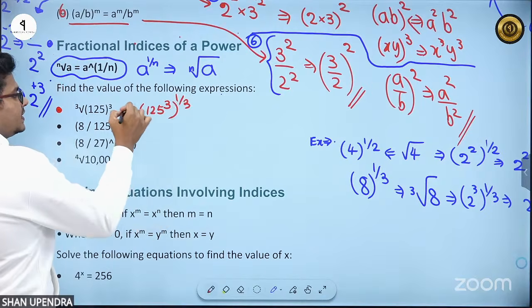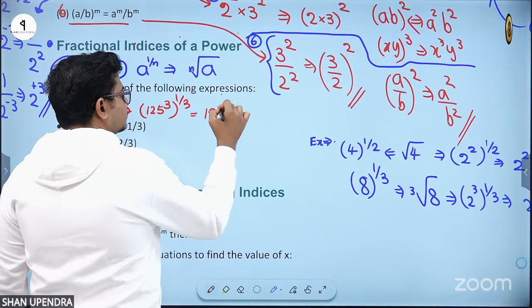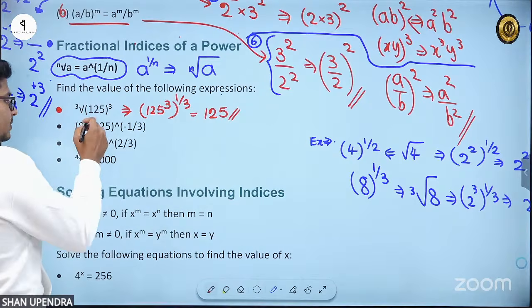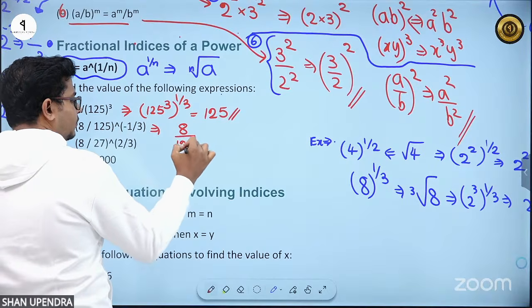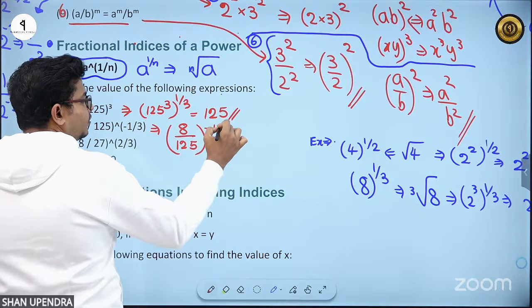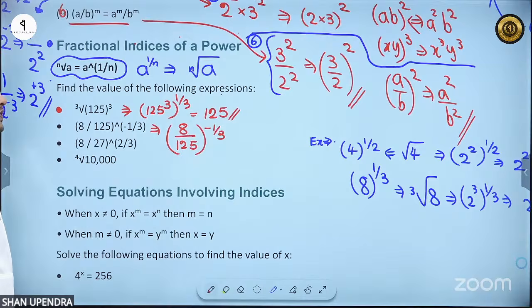This is the representation. Then this one is 8 over 125 to the power minus 1 over 3. To the power minus 1 over 3.